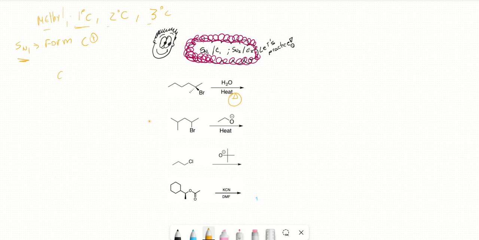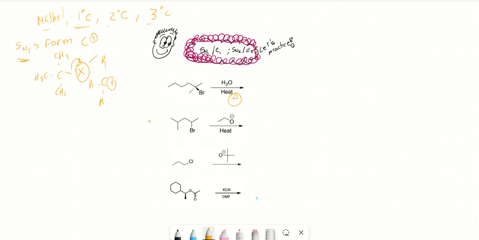Remember, if you have a tertiary carbon, imagine CH3 here, CH3 here and CH3 here, and the halide over here. When this leaves, you're going to have a tertiary carbocation. We put R instead of the methyl. This is a more stable carbocation because the neighbors help to stabilize this positive charge.